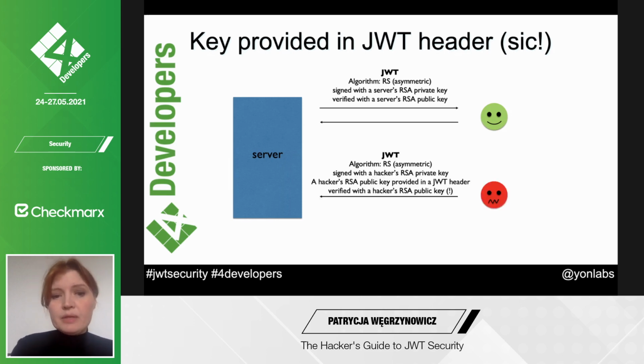A hacker provides his own RSA key pair, signs a token with his own RSA private key, and provides the RSA public key in the JWT header. So the server receives the public key for the verification, uses this public key for verification, and the attack is successful.